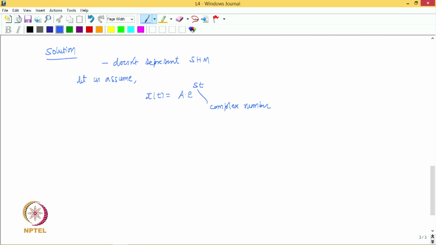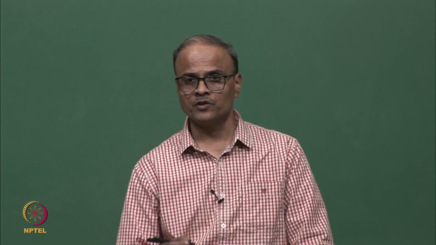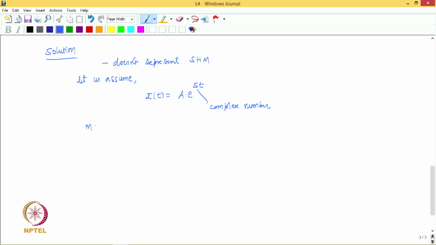Okay. So, if this has to be the solution of the differential equation, it must satisfy the differential equation, and hence we substitute this into the differential equation. When we do that and we do the differentiation, then what do we get?